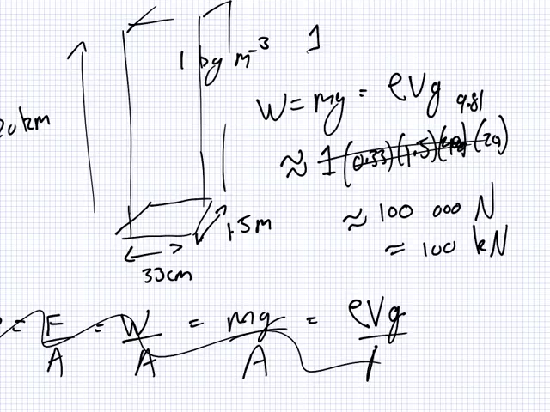Sorry. It's 1 times 0.33 times 1.5 times 20,000 times 9.81. Yeah, but the student is just lying thinking about this. It's a rough calculation.